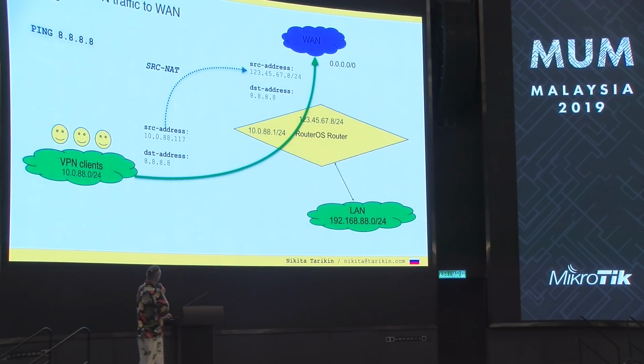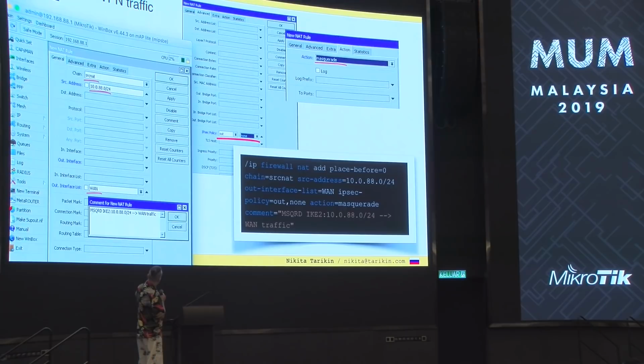So what we normally do here is source NAT VPN traffic from the VPN IP addresses. We need to source NAT. That's how it should look.